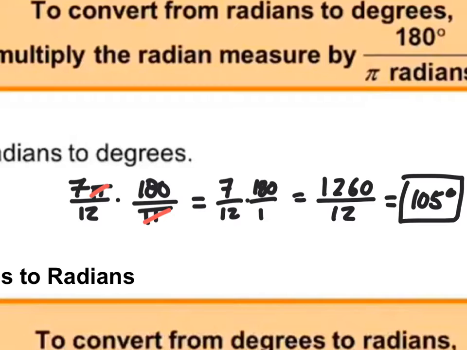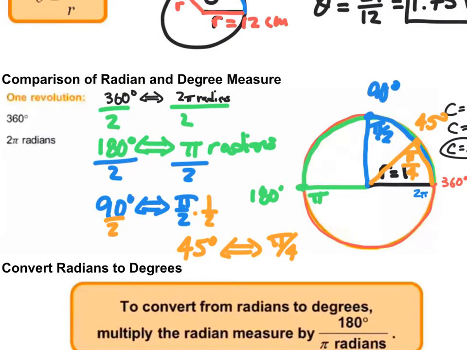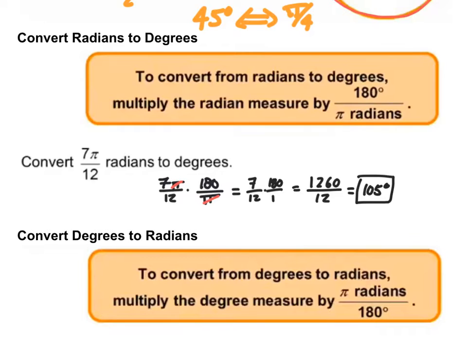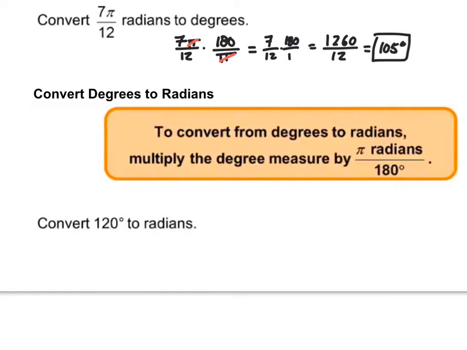So you can take these radian measures and convert them into degrees by using 180 divided by pi. 180 and pi are the same thing, so that'll help you do that. If we wanted to convert degrees into radians, then I would do the opposite.